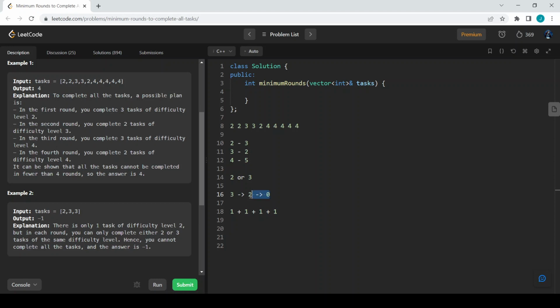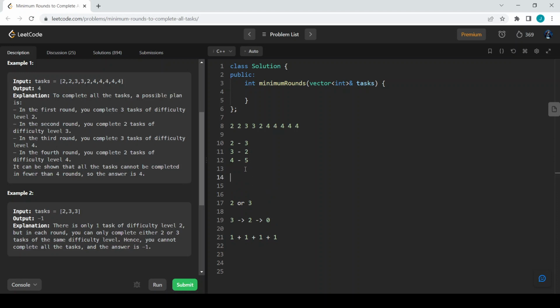Once we have reached 0, we can say we have completed that particular task, and we count the total number of rounds for that difficulty level. This can be done repeatedly for each and every difficulty level, and we will get the minimum number of rounds. So I will do a dry run for this example.